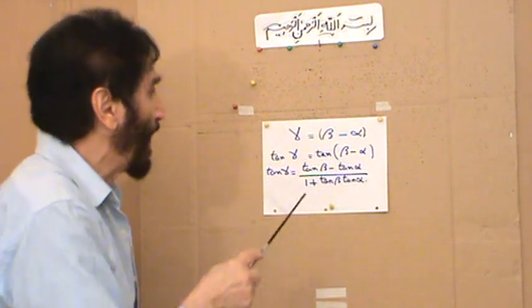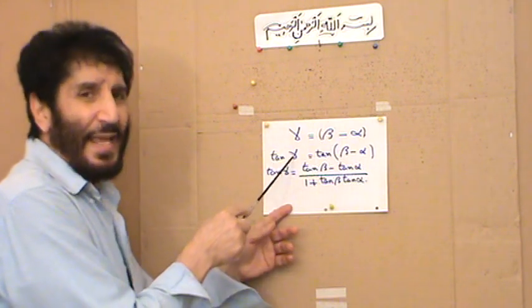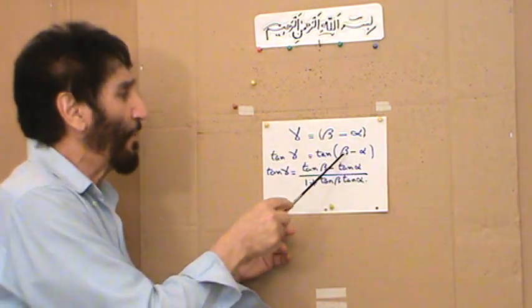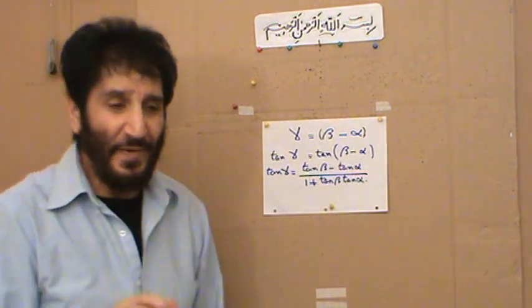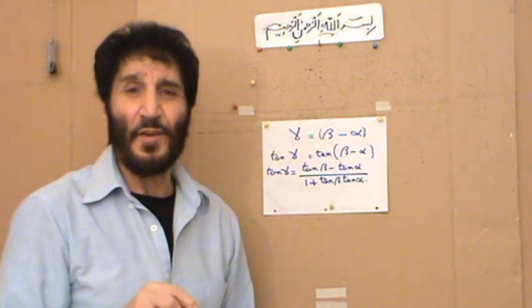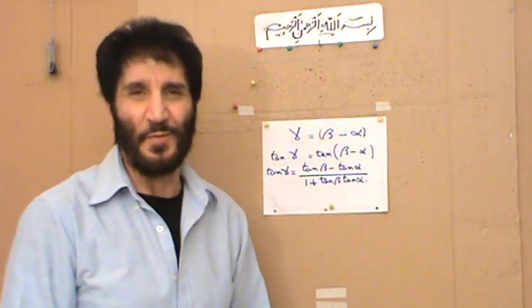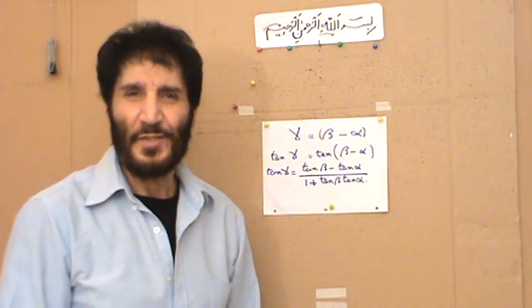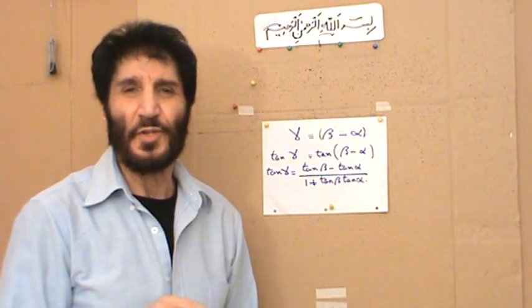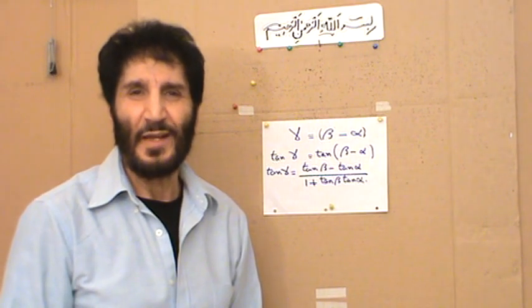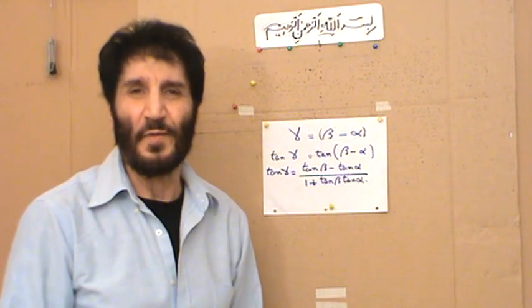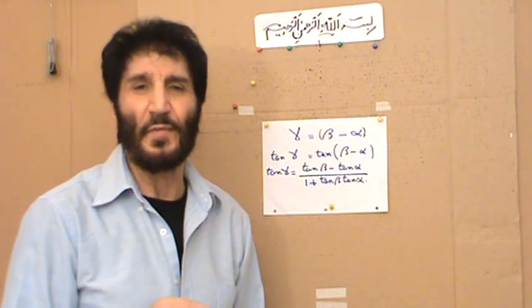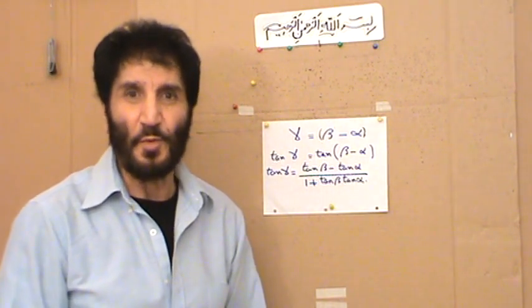Common sense, huh? So the tangent of gamma is the same as the tangent of beta minus alpha. But the fascinating thing is that for the tangent of beta minus alpha, we have a formula. Very elementary trigonometry. Sine of A plus B over cosine of A plus B, or sine of A minus B over cosine of A minus B. I'm not going to go through that one.